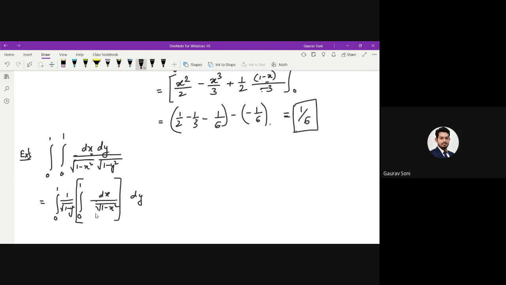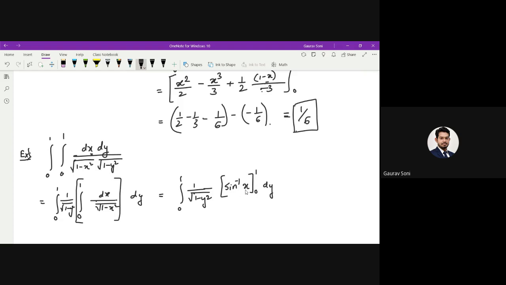What is the integration of 1 upon root 1 minus x square? Sin inverse x, from 0 to 1, dy.